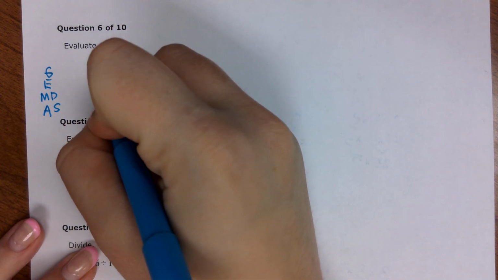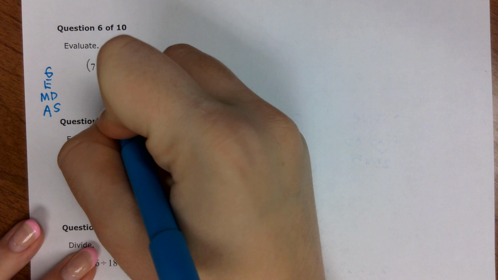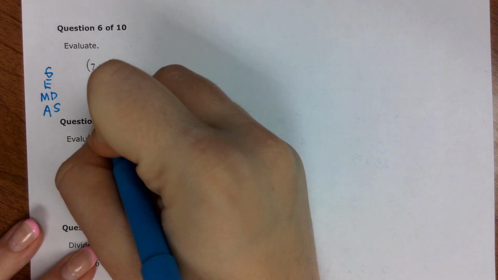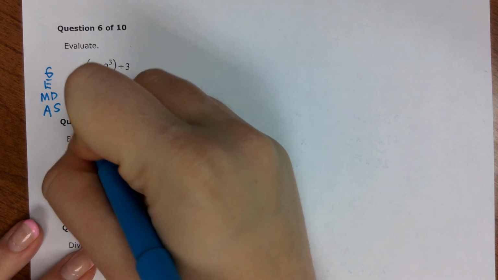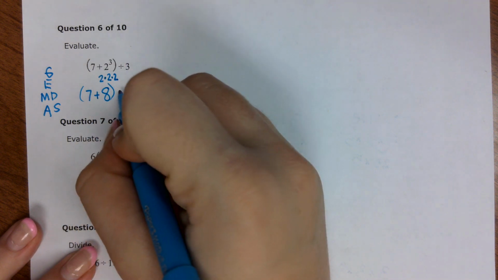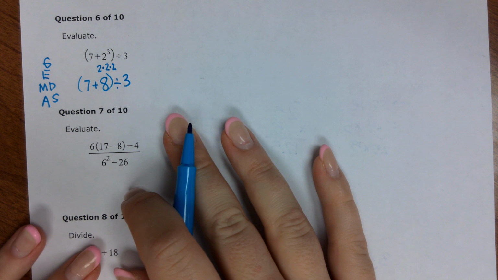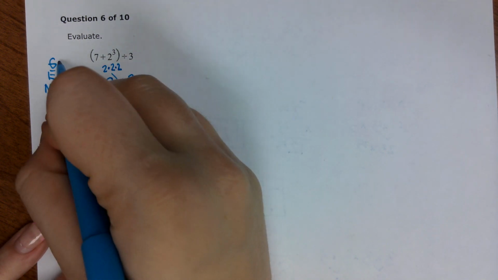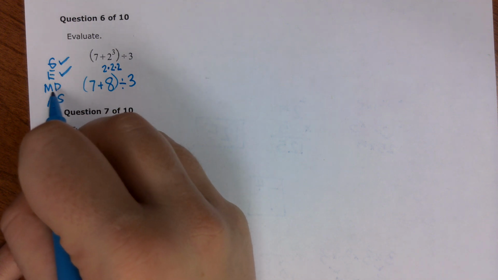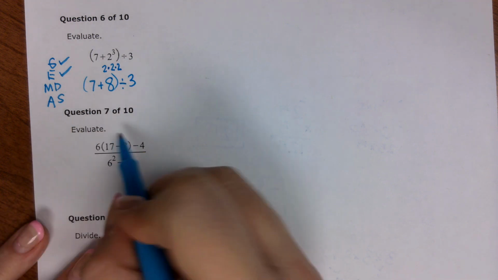So 2 to the 3rd power is 2 times 2 times 2, which is 8. Then we have 8 plus 7 divided by 3. See how I just stopped and copied everything down? Okay, so we just did grouping, and we took care of the exponents in the grouping. Multiplication and division now.